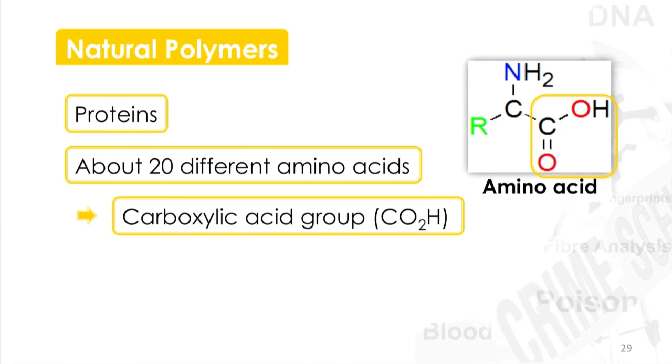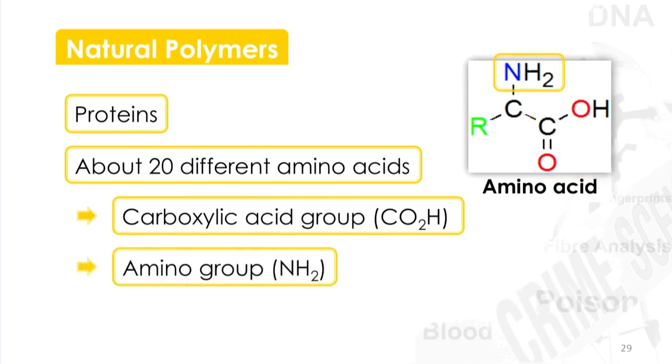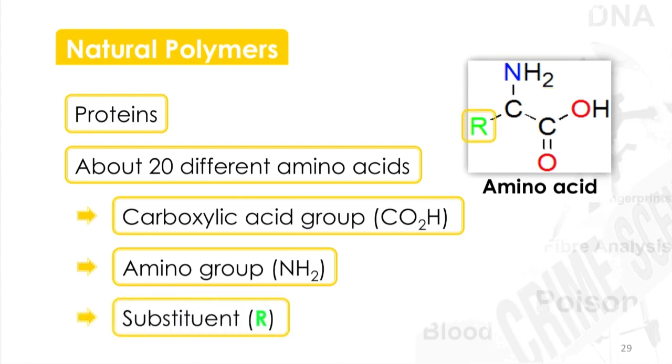Adjacent to that, they all contain an amino group, NH2. There's one exception that does not. These two factors are constant. The 20 or so essential amino acids differ in the remaining substituent, which I've indicated as R. And that is what makes these amino acids different from each other.